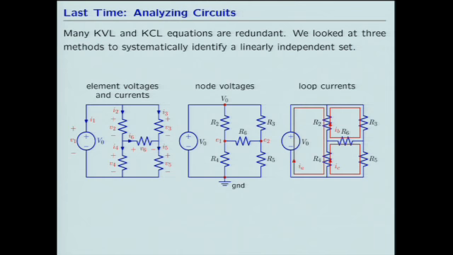We thought about what I will think of as primitive or element voltages and currents. The idea in that technique is you think about every element and assign to that element its voltage and its corresponding current.